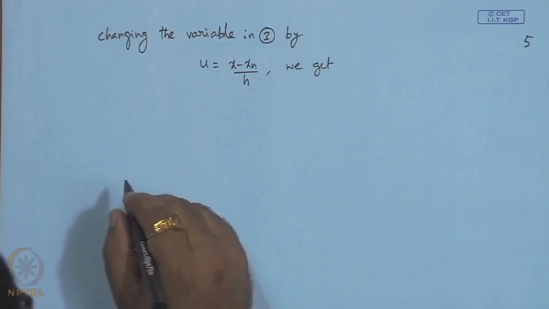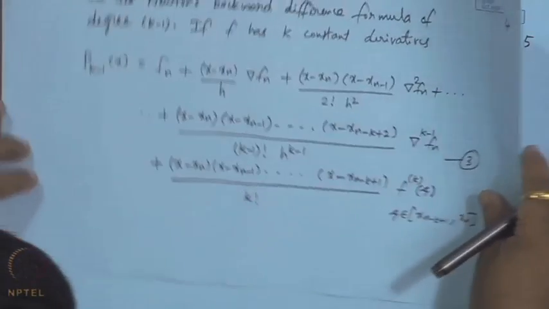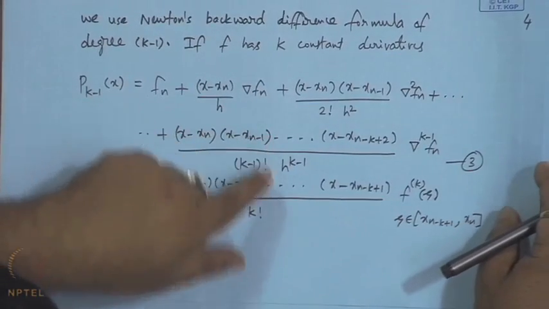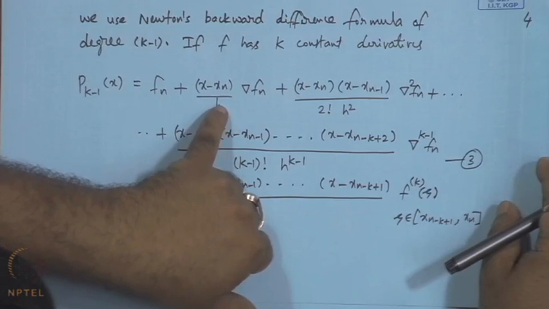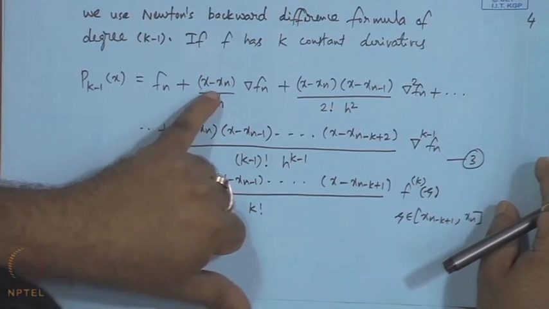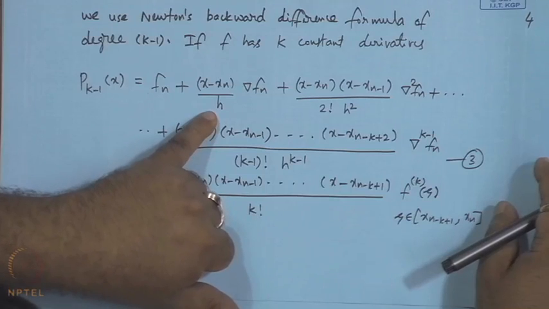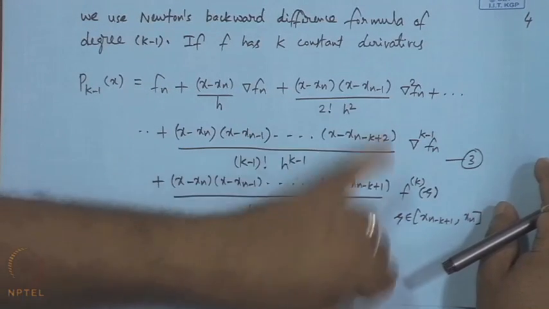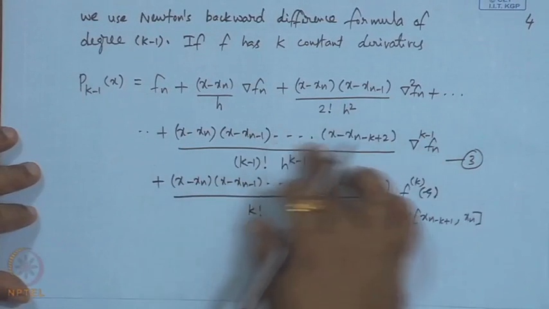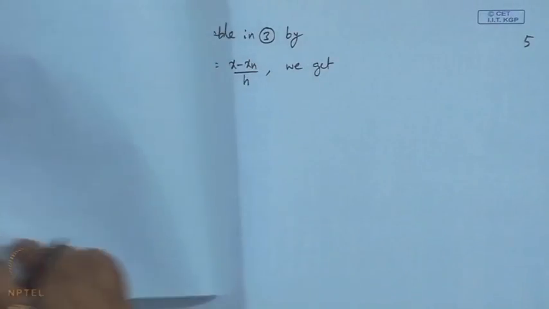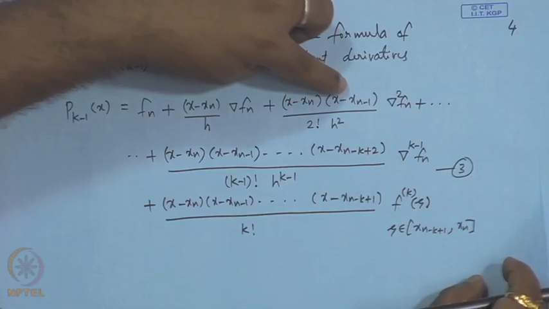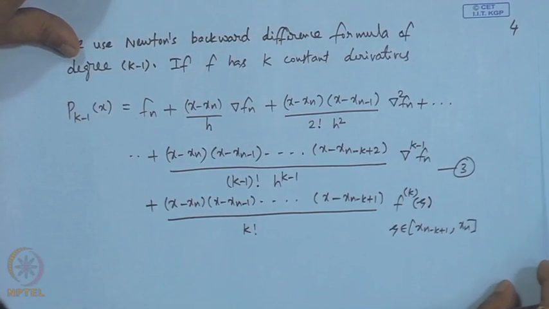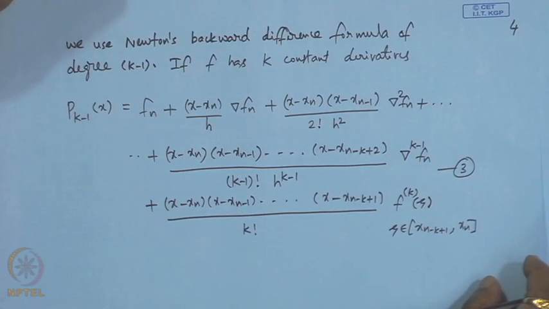Okay. Look at that. So, you have Newton's backward difference formula. This is x minus x n by h, we are transforming it to a new variable u, and hence we try to convert everything in terms of u. Note that if this is u, what will be x minus x n minus 1?